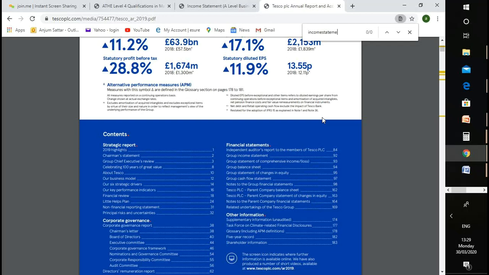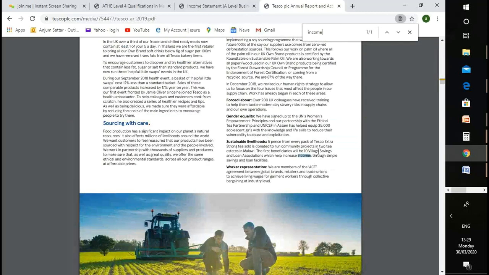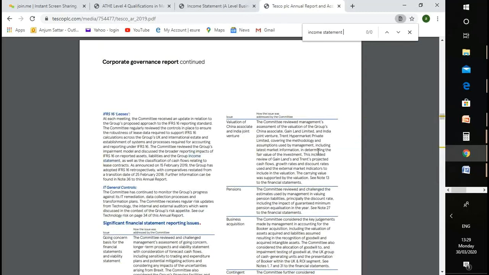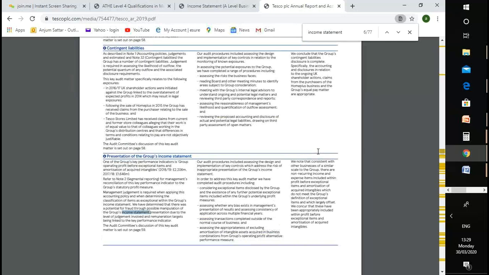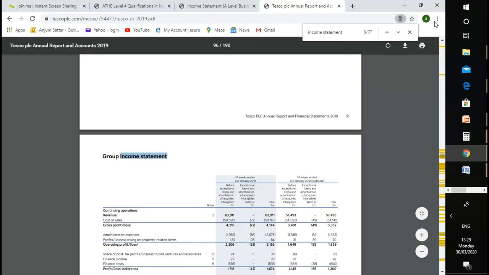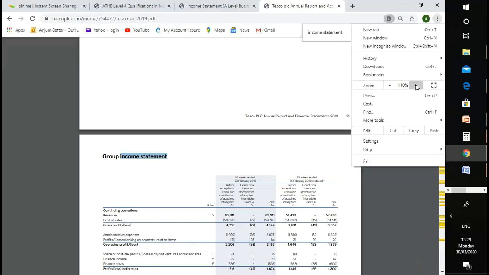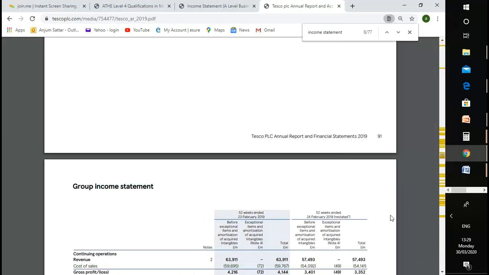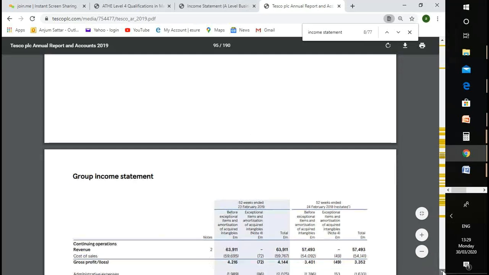If you type here, it's called income statement, given here as the group income statement on page 92. I can type the words income statement and the system will take me to where the words appear. You will see this year's figures, and we can compare two companies, which will help.